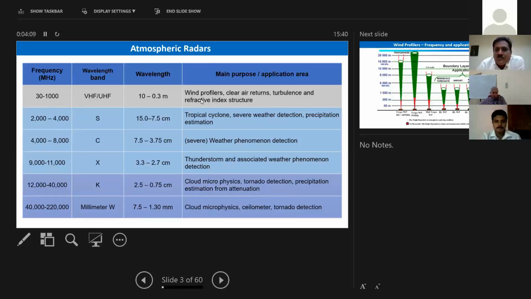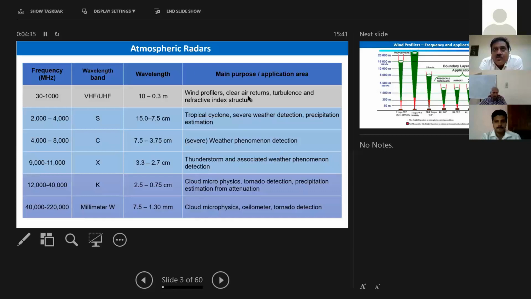Since morning, you have been hearing about these types of radars, where the main scattering mechanism is Bragg scattering, Fresnel reflection, and Fresnel scattering. So these radars basically get echoes from the changes in the refractive index field, so that we can use it to get profiles of winds, particularly in the lower atmosphere, and also profiles of turbulence.